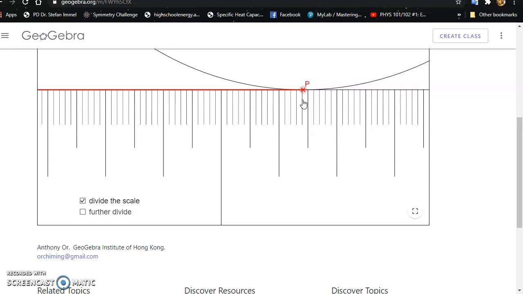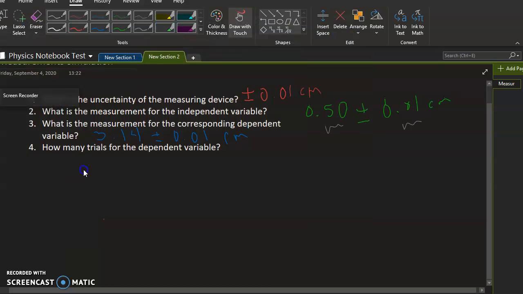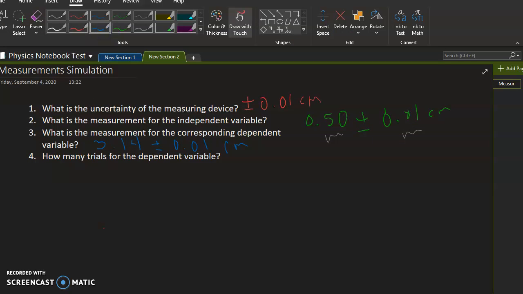So if I look, I could say it goes slightly beyond 3.14, so I would round up to a whole uncertainty value. I could say, okay, trial 2, my measurement is 3.15 plus or minus 0.01 centimeters.